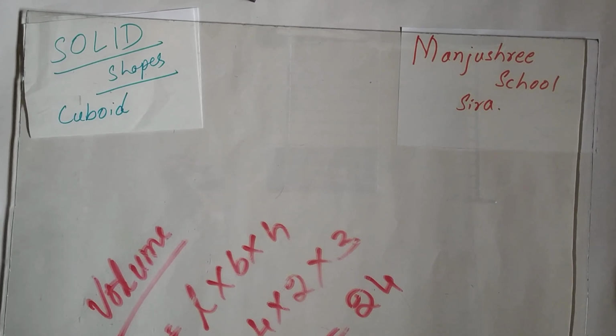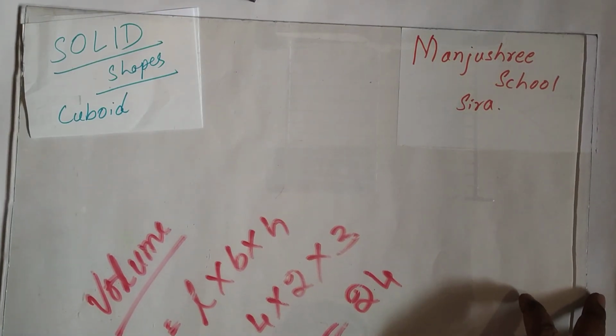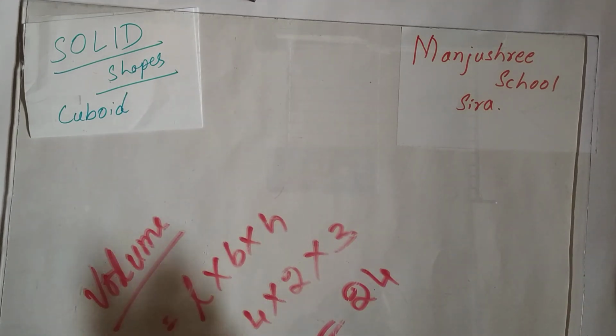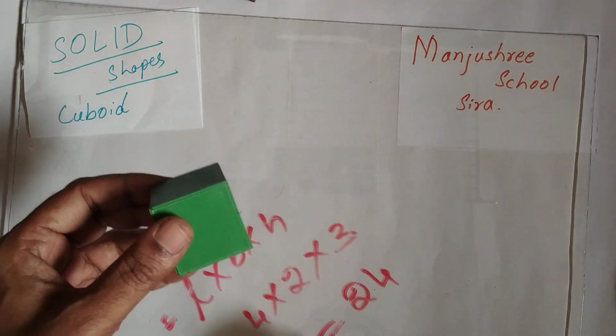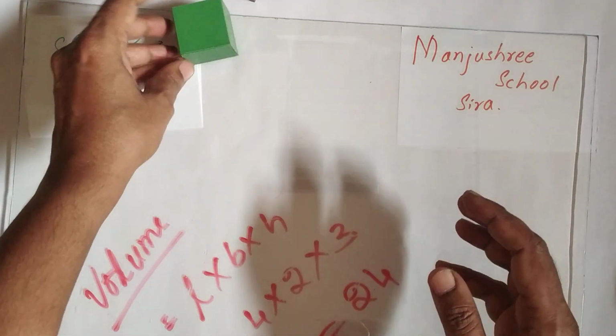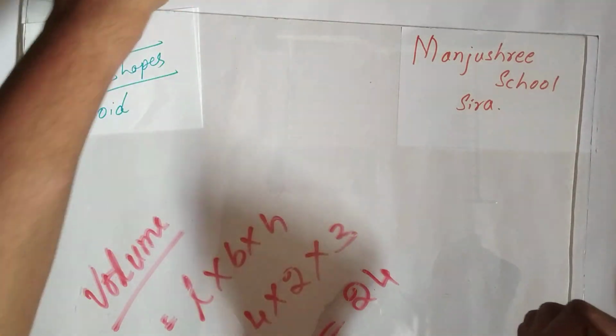So there are 24 cubes, meaning 24 cubic units we are representing. Each cube represents a unit. So there are 24 cubes inside this total solid volume.